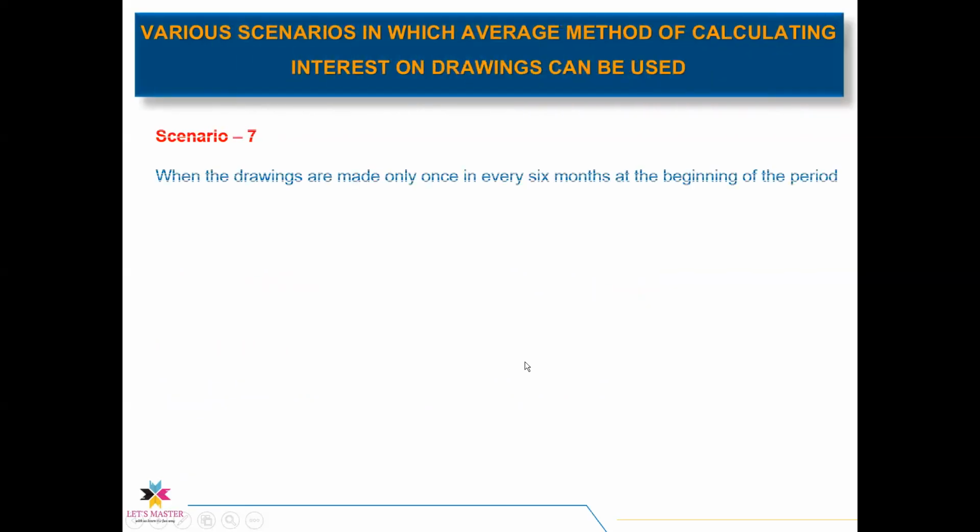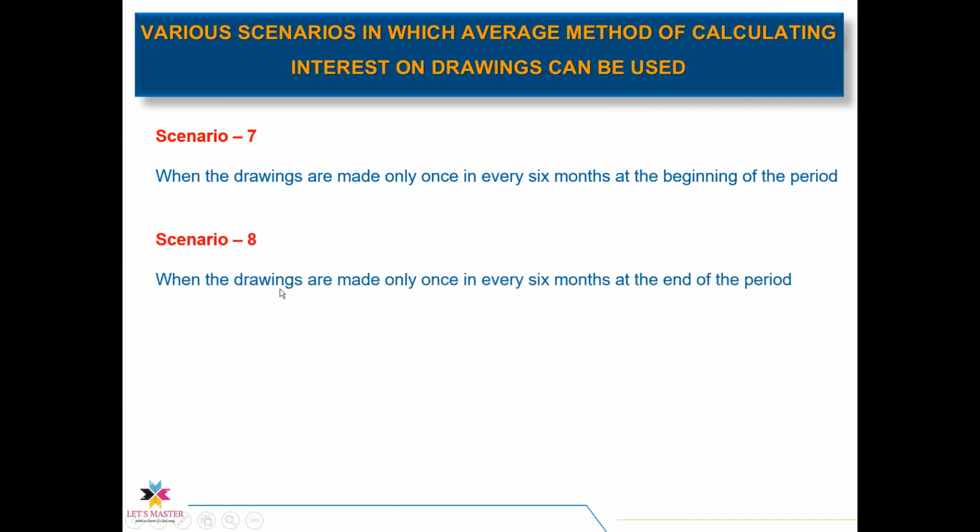The next is when the drawings are made only once in every 6 months at the beginning of the period, and when the drawings are made only once in every 6 months at the end of the period. That means from April to September, that is the first half of the year, and then October to March, that is the second half of the year or the accounting period. So the drawings were made on 1st of April and 1st of October in scenario 7.